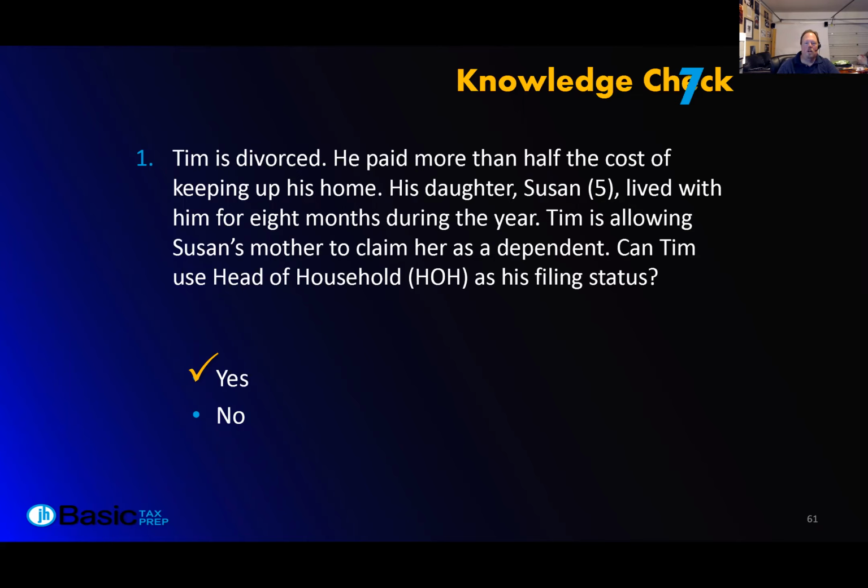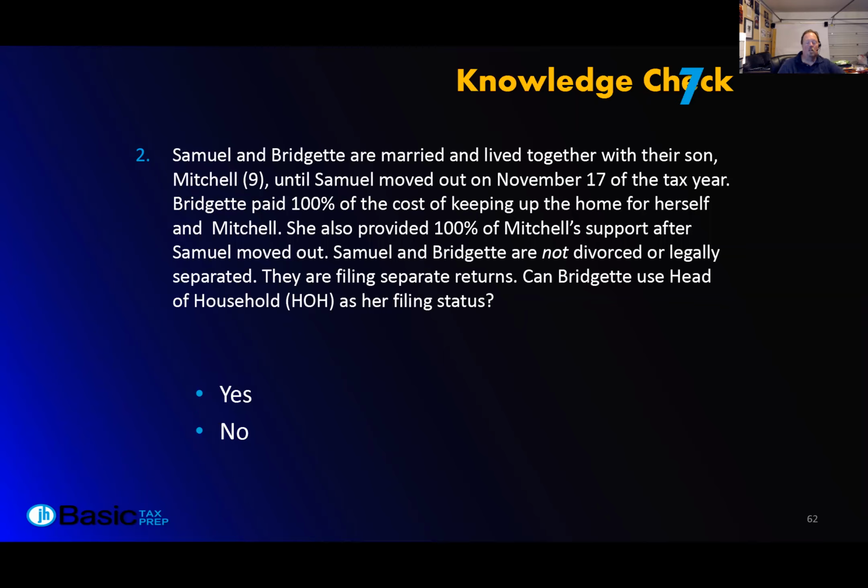All right, so this is like reading a book. Samuel and Bridget are married and live together with their son, Mitchell, 9, until Samuel moved out on November 17th of the tax year. Bridget paid 100% of the cost of the upkeep of the home for herself and Mitchell. She also provided 100% of Mitchell's support after Samuel moved out. Samuel and Bridget are not divorced or legally separated.